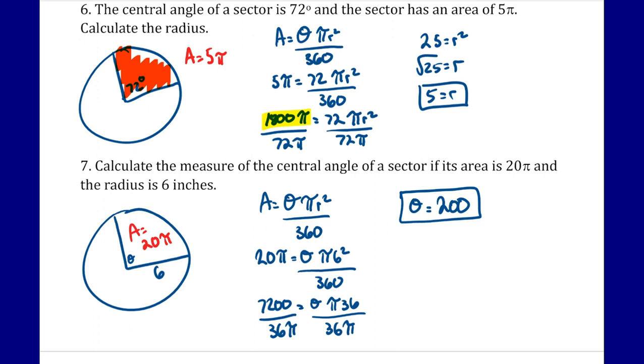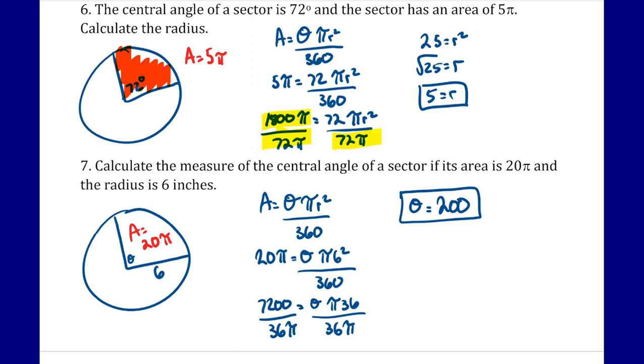I divided both sides by 72 pi, which would then cancel the pi's out and allow me to have 25 equal to r squared. Then to find r, I square rooted both sides and got 5. So again, it's all just rearranging the equation and solving.